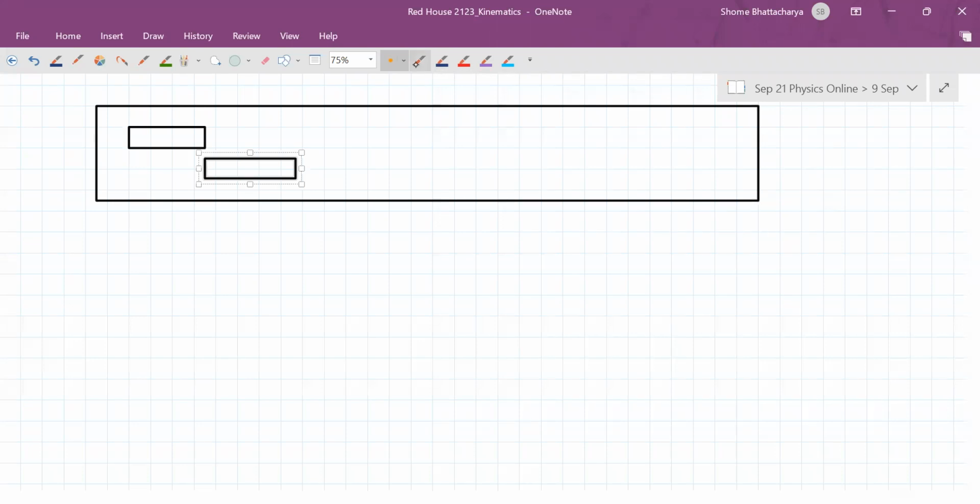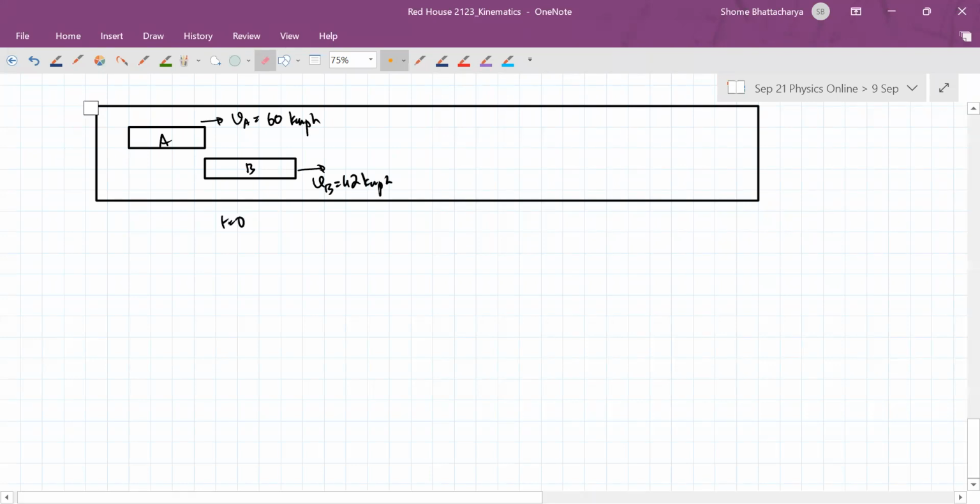Let's say this is car A, the one that is moving faster, and this is car B. So this I'll take as my t equal to 0. This is when the overtaking is just starting to happen, because A is just about going to come alongside B and start overtaking it.